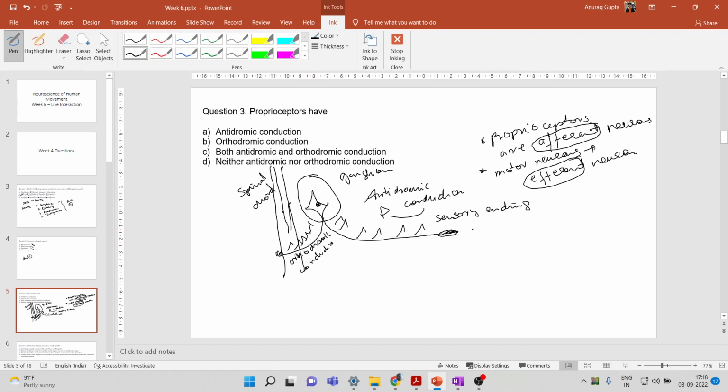So conduction from the sensory ending to the cell body of the proprioceptor is called antidromic conduction, and conduction of action potentials from the cell body of the proprioceptor to the spinal cord is called orthodromic conduction. So you got it right. The answer is C.